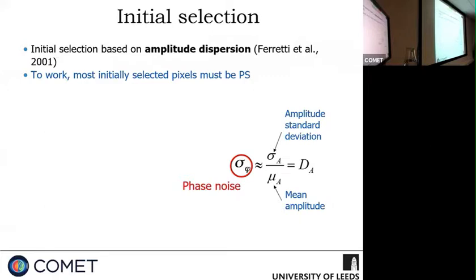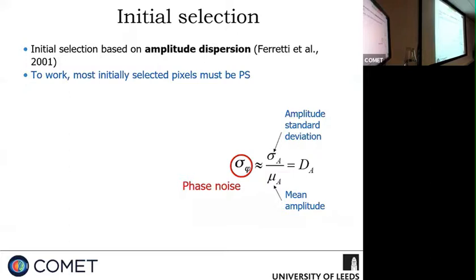We select those based on a value called the amplitude dispersion. Now, this works on the assumption that we expect the points with the highest amplitude to be the best scatterers. Buildings, rock faces, good scatterers tend to have high amplitudes. So that's an assumption you make here in your pre-selection.